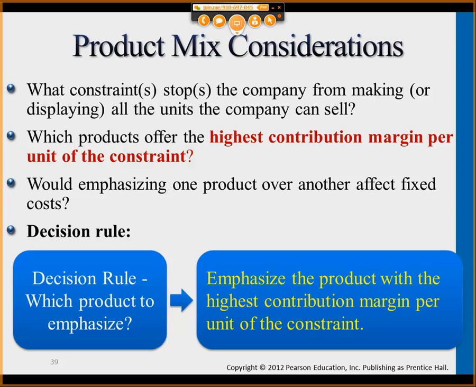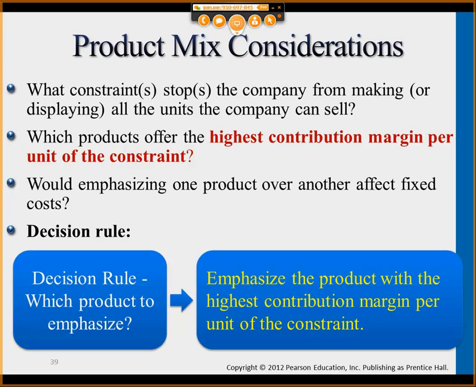All right. So let's say a company can't sell all the products that it's producing. So which ones are we going to emphasize? How do we figure that out? So we have to consider what our product mix consists of. So for that, companies facing constraints consider the questions that I have here.